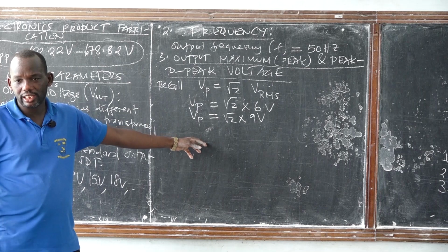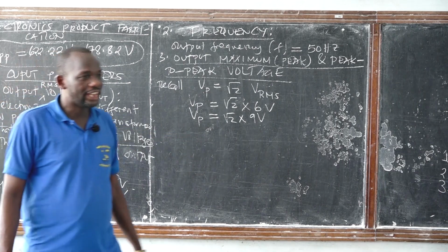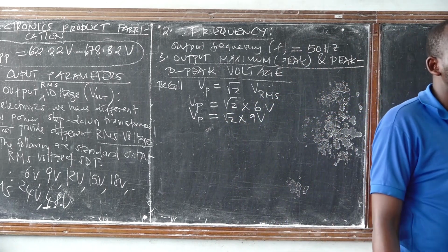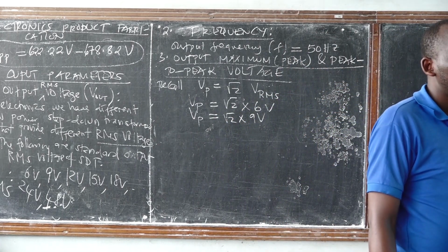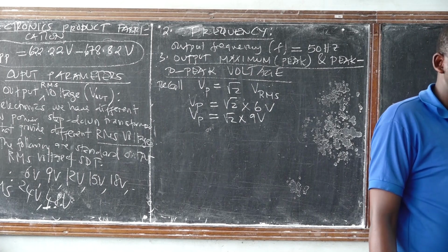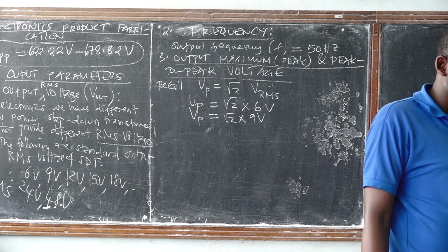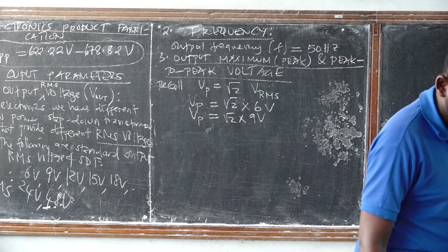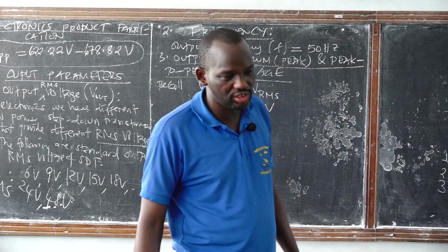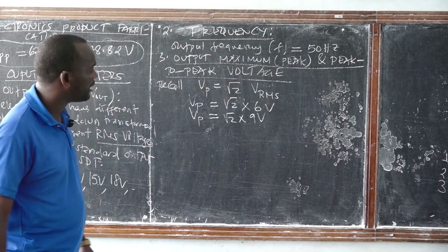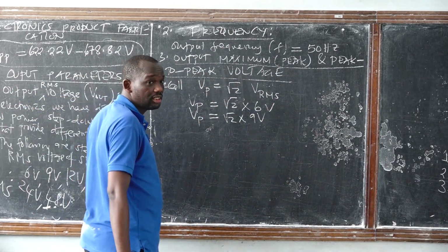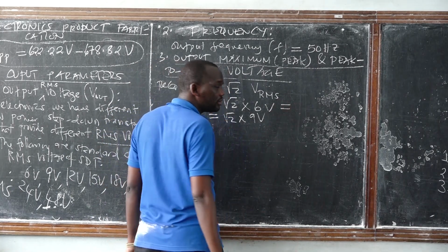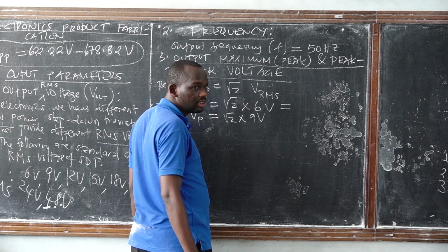What do you get here if you calculate this one? Square root of 2 times 6.